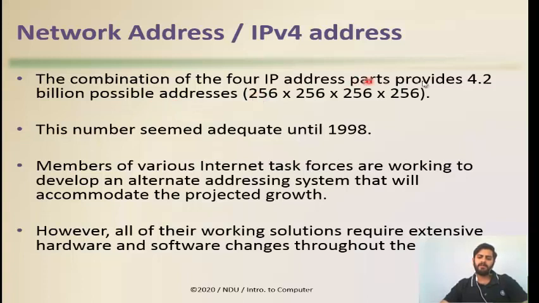Each octet does not exceed 255, starting from 0, so that becomes 256 values, and if you multiply these together, that is the total number of IP addresses available when working with the IP version 4 addressing scheme. You cannot go beyond 4.2 billion possible addresses.